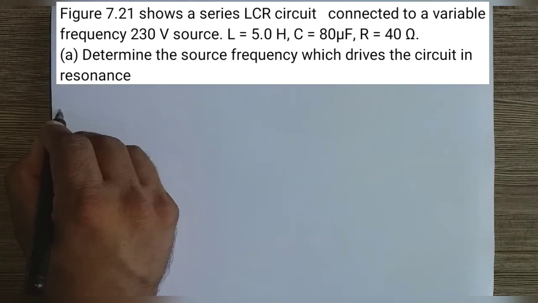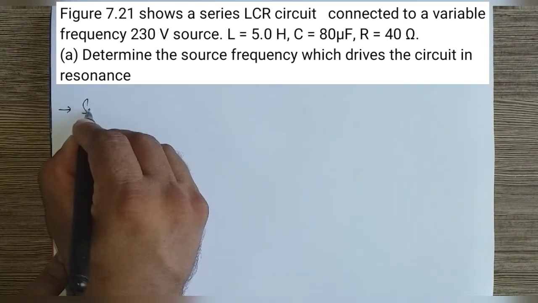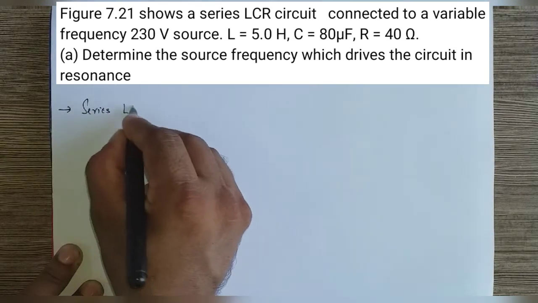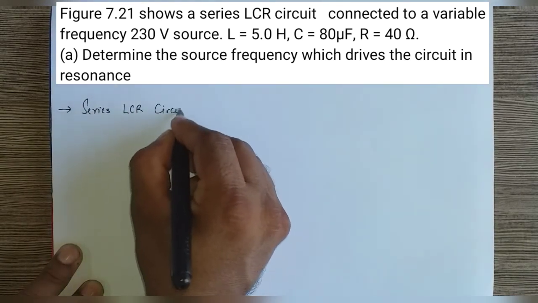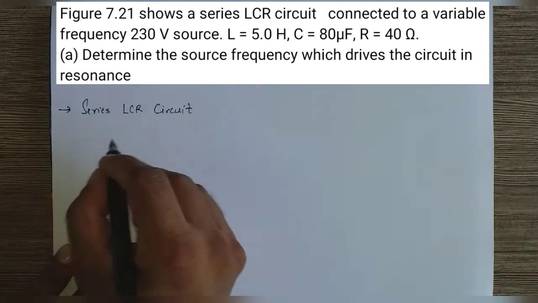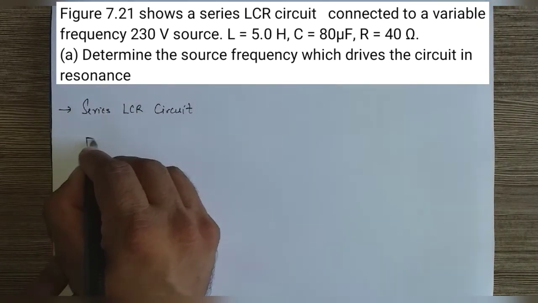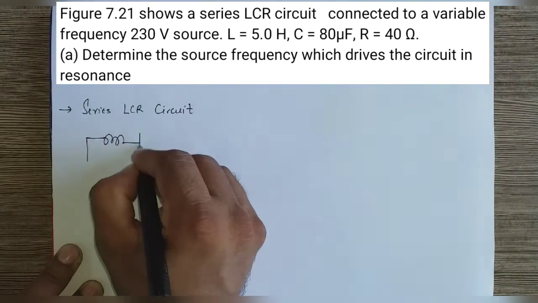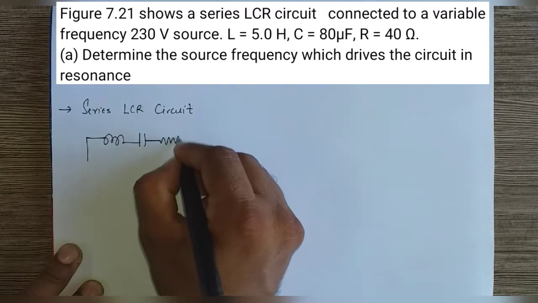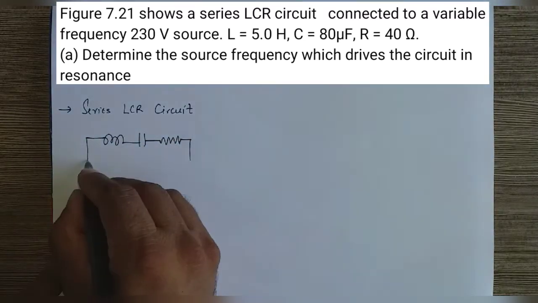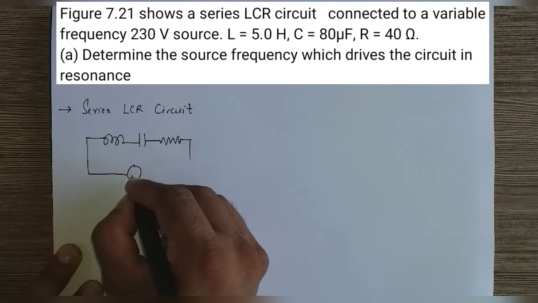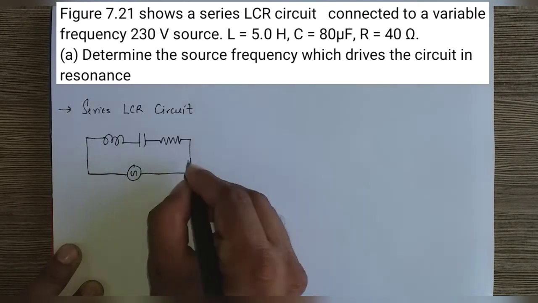Now as you see from the question, this is a case of a series LCR circuit. In a series LCR circuit we have an inductor, capacitor and a resistor connected to an AC source.